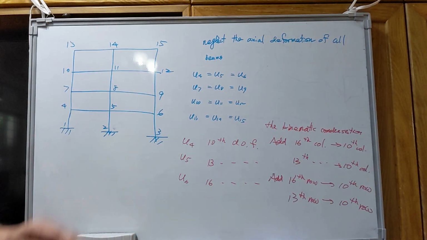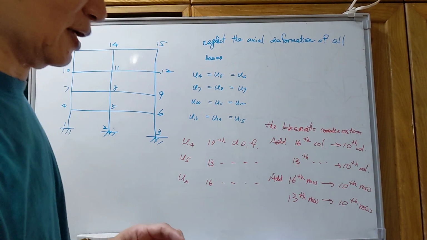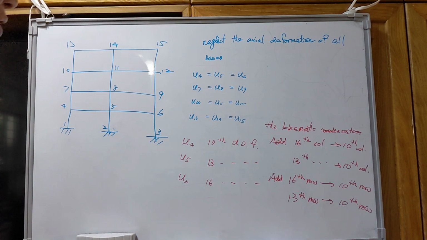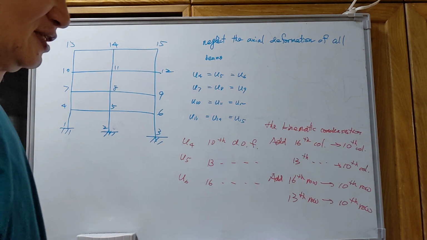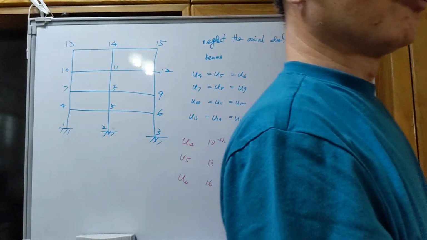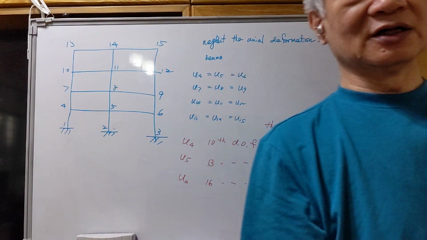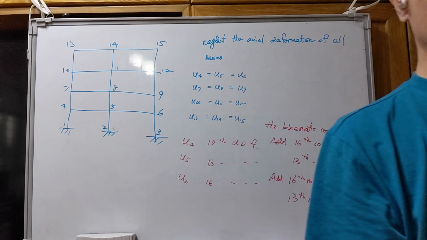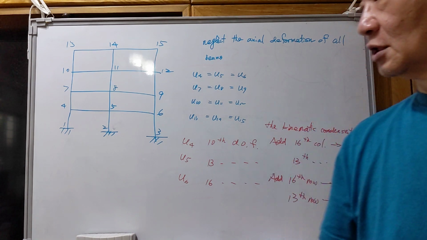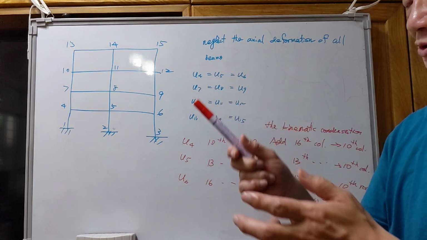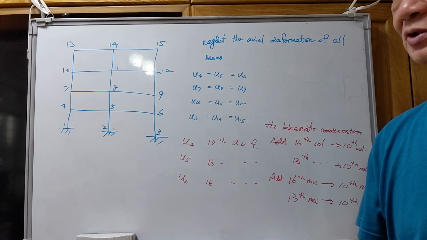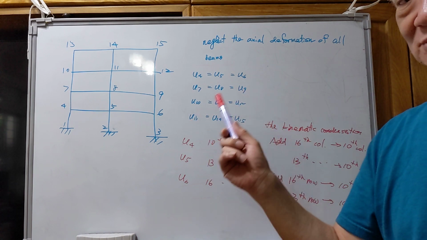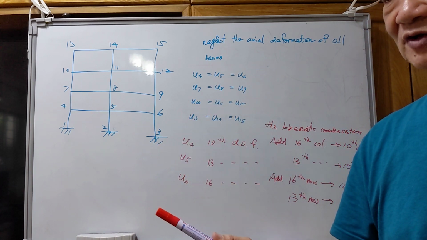Then you can condense 2 degrees of freedom out of the structure. Originally, with 15 nodal points, the dimension of the structure will be a 45 by 45 stiffness matrix. But if you add the 2 rows and the 2 columns to the same row and the same column, then you can reduce 2 from the 45.